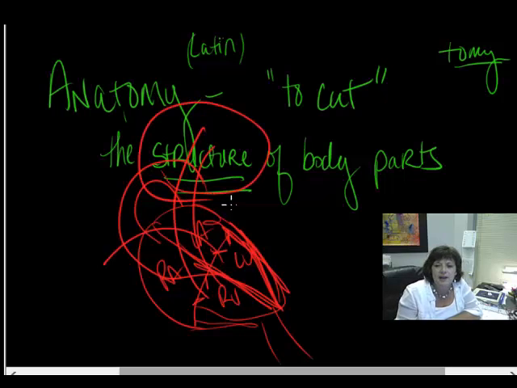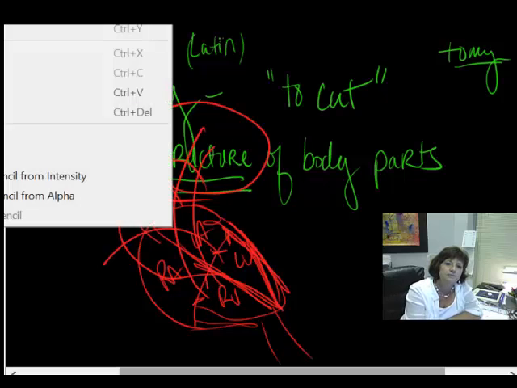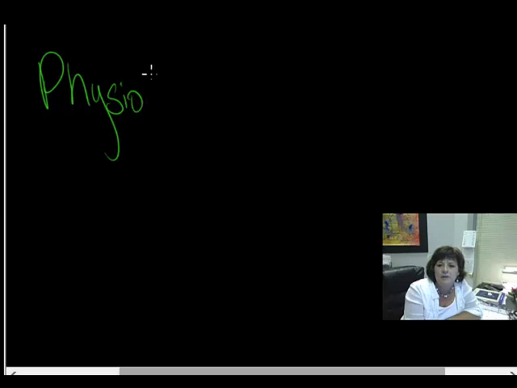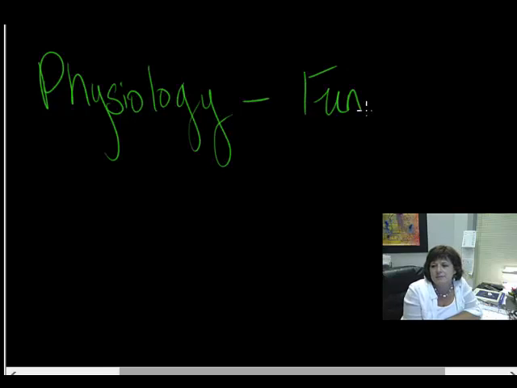So that's one thing that we'll look at is anatomy. Anatomy refers to structure. Now the difference between that and physiology is function. And these two are very closely related.